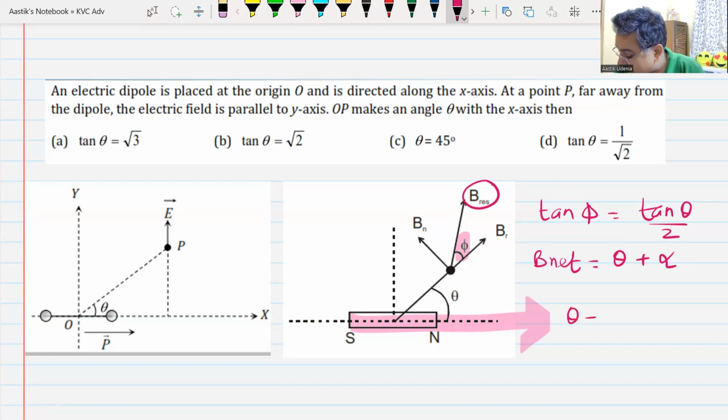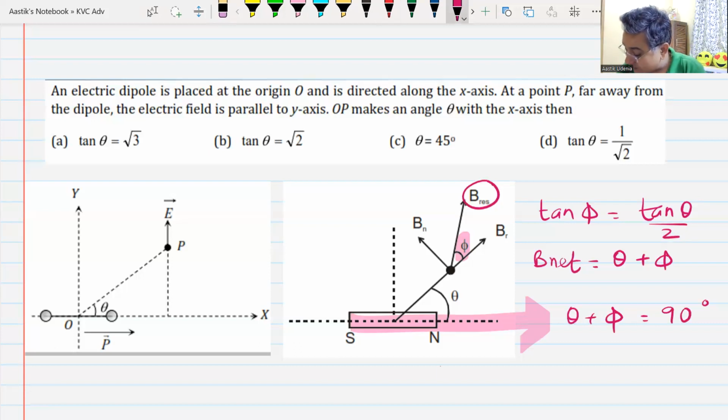Now this theta plus alpha here is given as 90 degrees. Do we understand this? So, sorry, not alpha, I am writing it as alpha, this is theta plus phi. Do we understand this? Yes, sir.